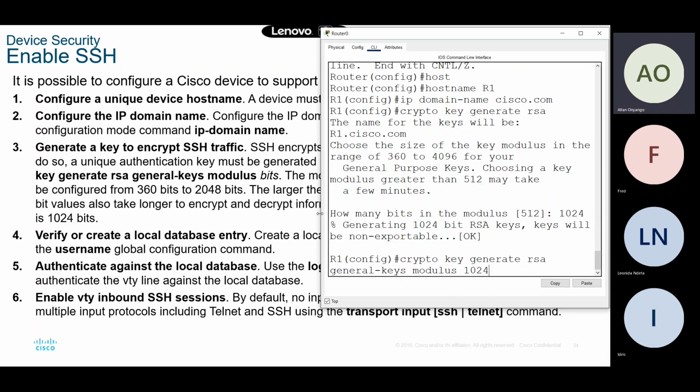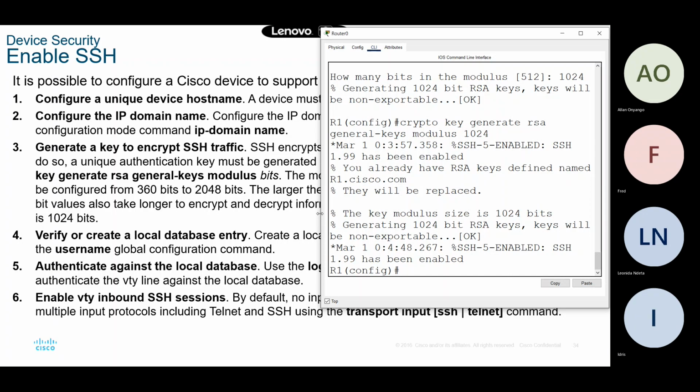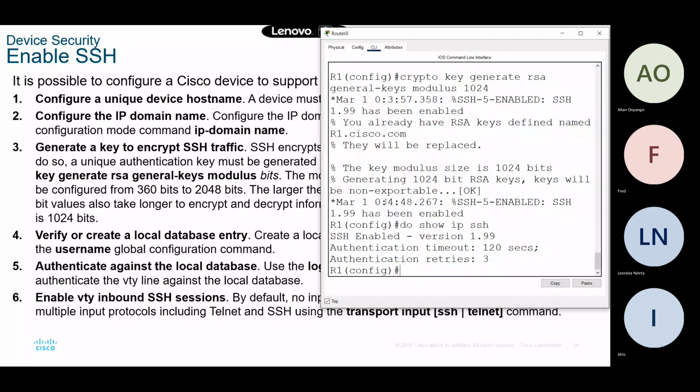Okay, so press enter. And then when we say right now, show ip ssh, you can see we are currently using which version? Version 1.99. But you need to configure second version or version 2 of SSH.